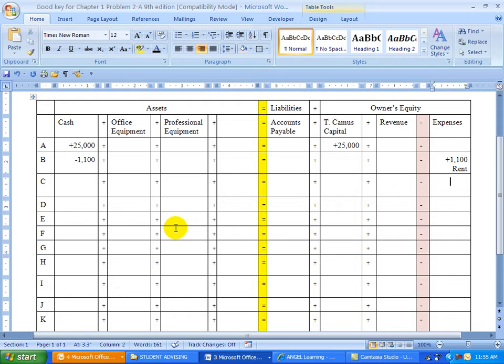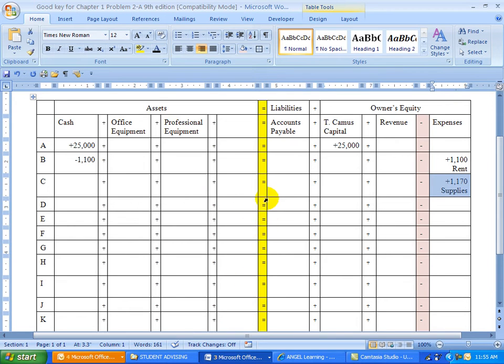Looking at letter C, we bought supplies on account for $1,170. We're buying supplies. Supplies is an expense, and so that is going to be going up. Now we're buying them not with our cash, but we're going to pay for them later.